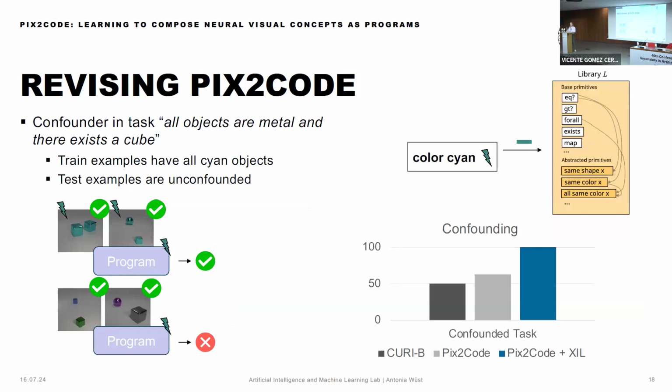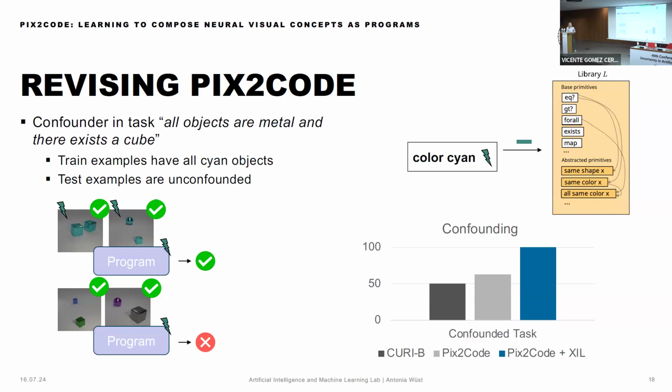So you can improve the performance by adding elements to the library, but sometimes it might happen that you learn something that is not optimal, that is maybe confounding your training. And therefore we created an illustrative showcase where we have the concept all objects are metal and there exists a cube.